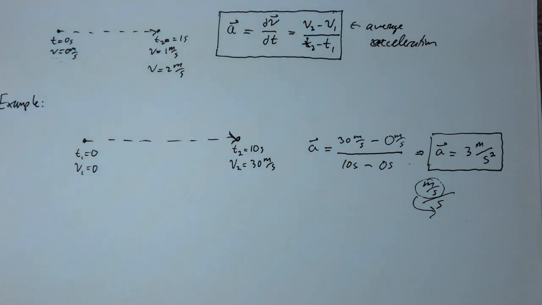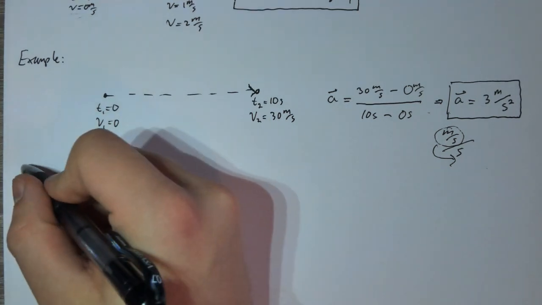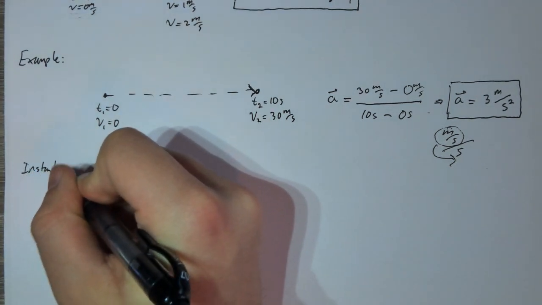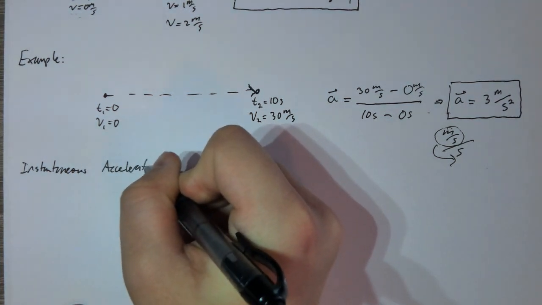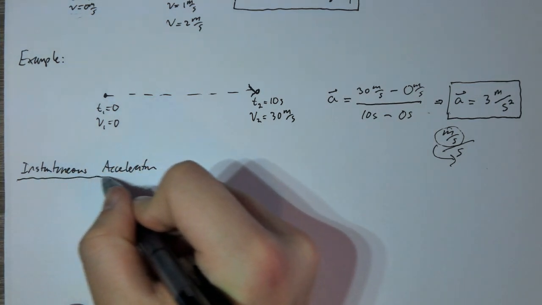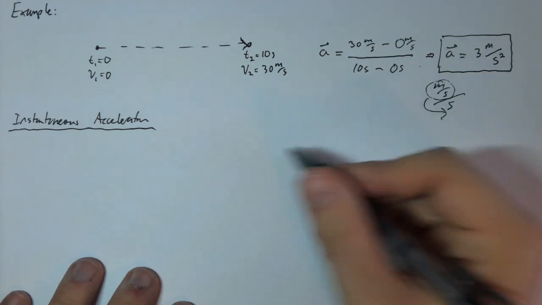Okay, so that is a quick introduction to average acceleration, and it's exactly the same logic, the same math as for average velocity. But with acceleration, we can also think of instantaneous acceleration, where you want to find the acceleration at a specific point in time.